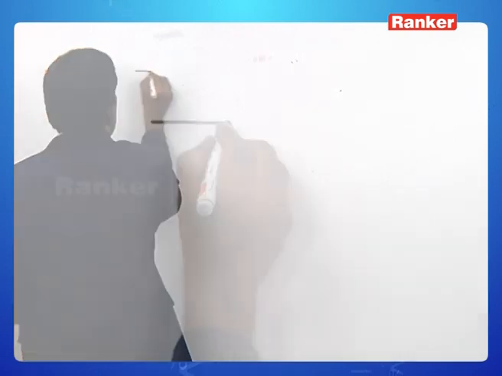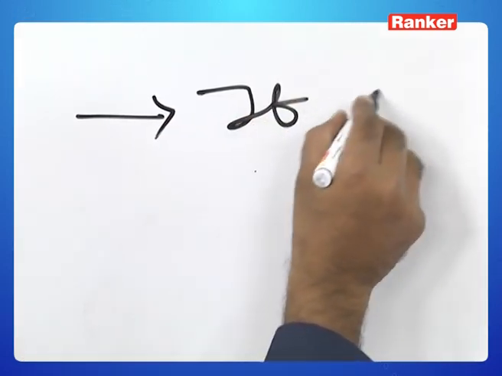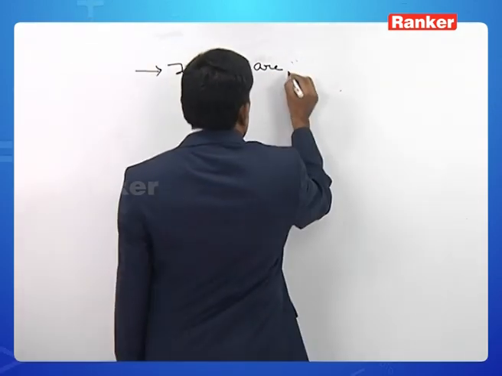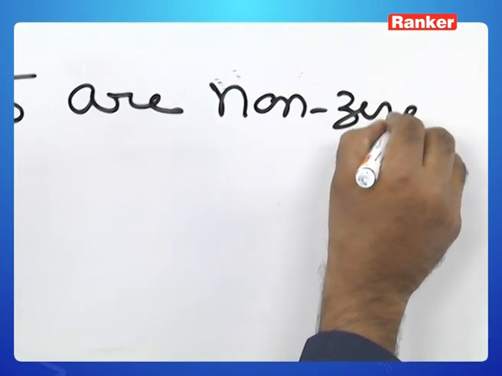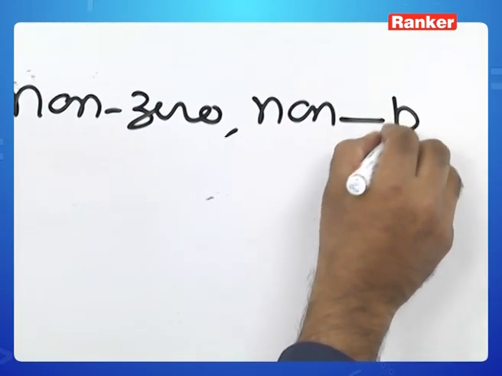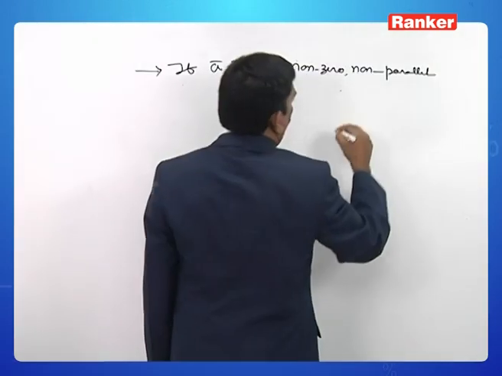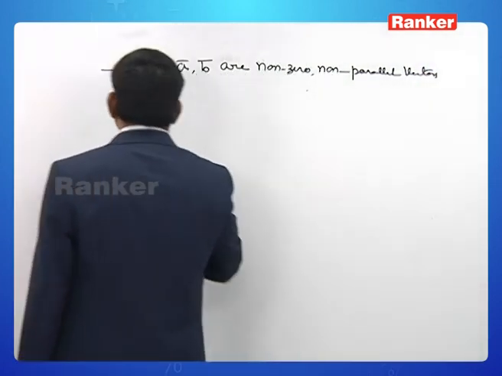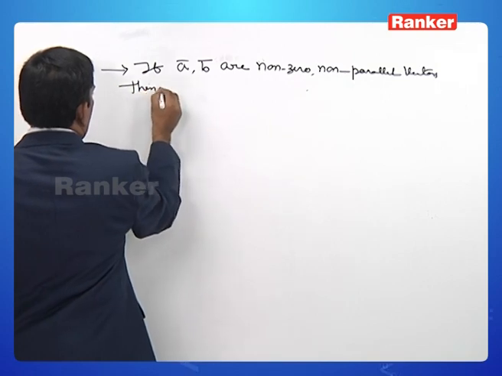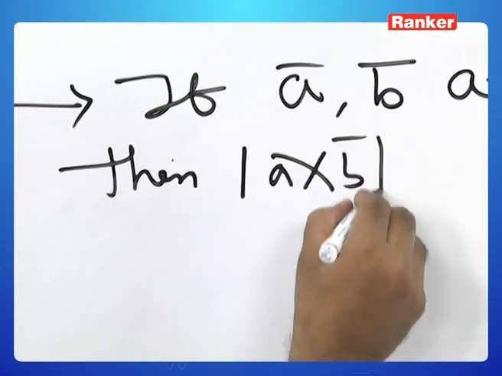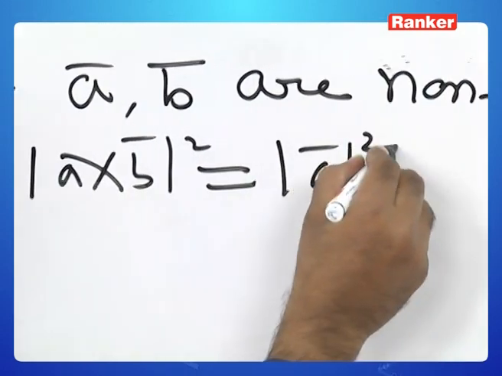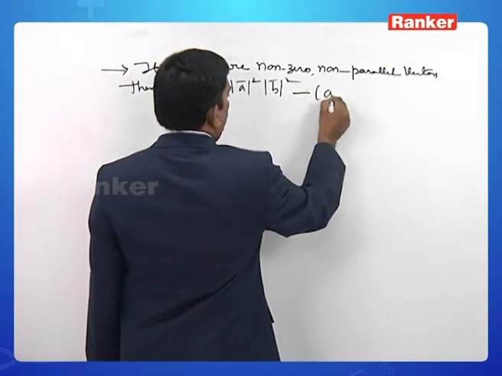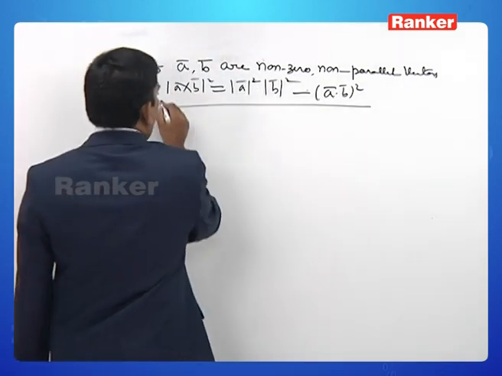Now coming to this: if A bar, B bar are non-zero, non-parallel vectors, then modulus of A bar cross B bar whole square is equal to mod A whole square mod B whole square minus A bar dot B bar whole square.